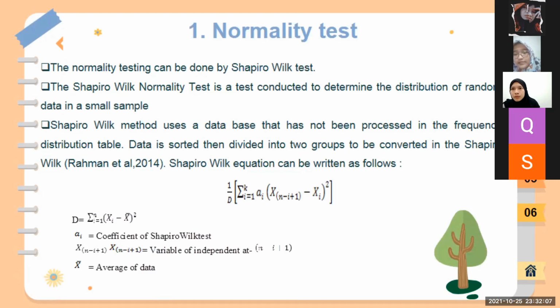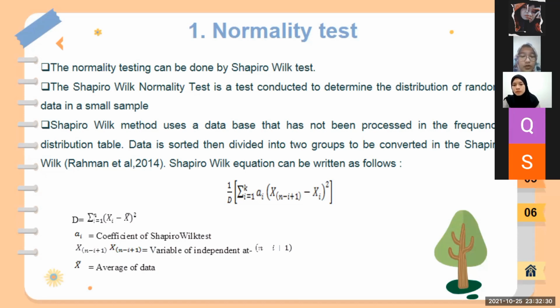Normality test. The normality test can be done by the Shapiro-Wilk test. The Shapiro-Wilk normality test is conducted to determine the distribution of random data in a small sample.